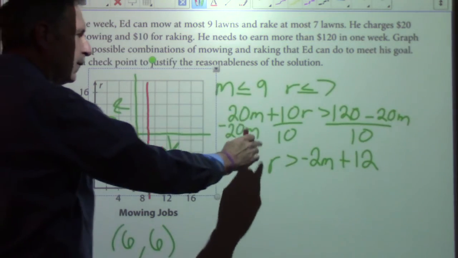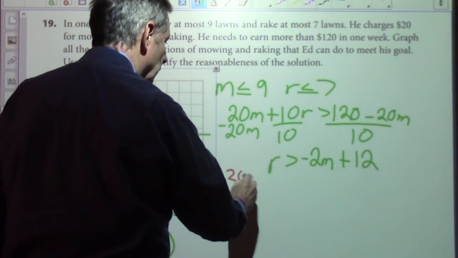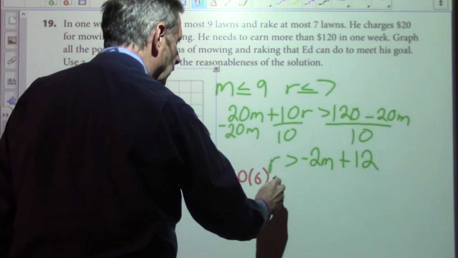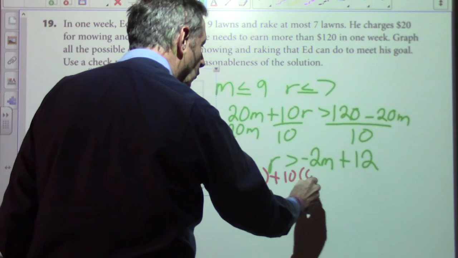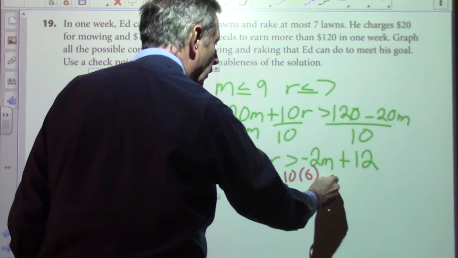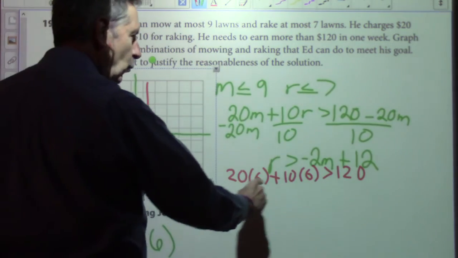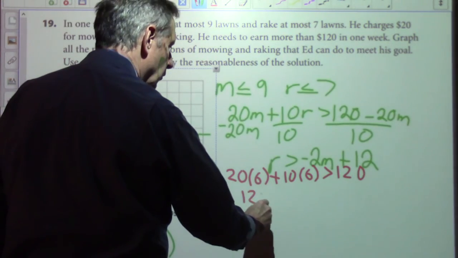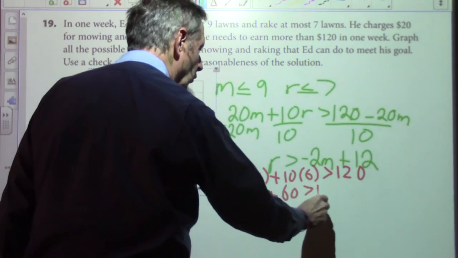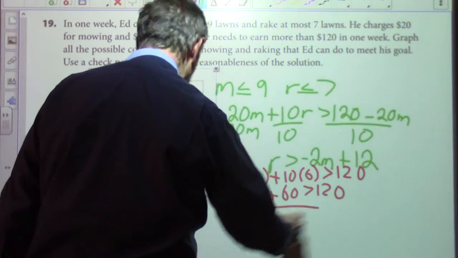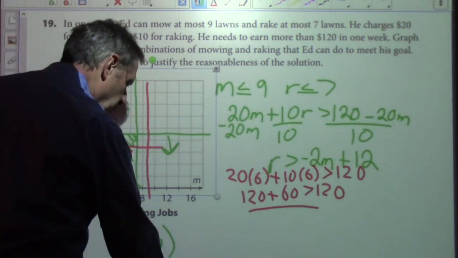So if we test it in here, if we have 20 times 6 plus 10 times 6, we better have greater than 120, right? Is that true? Yes. 120 plus 60 is definitely greater than 120, isn't it? Yes. So that's a check. That's good. Okay? Good work there.